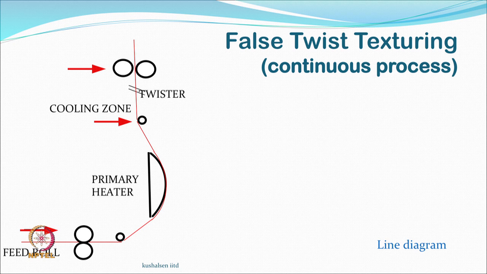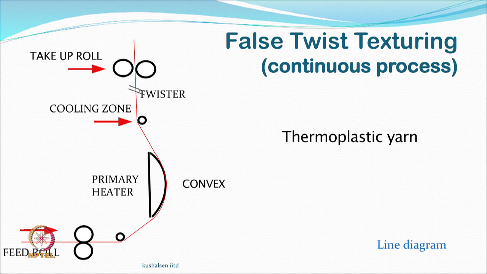So, there is a heater if we are again looking at a thermoplastic yarn. If there is no thermoplastic yarn, then the heater is not going to be the functional part, we will have to do something else. But let us say we have a thermoplastic multifilament yarn, then in that case we have a feed roller and a take up roller, and in between you have a heater. The heater basically is convex, so that when your yarn passes through this, it is generally in contact with the surface.